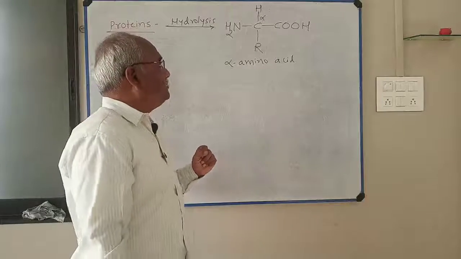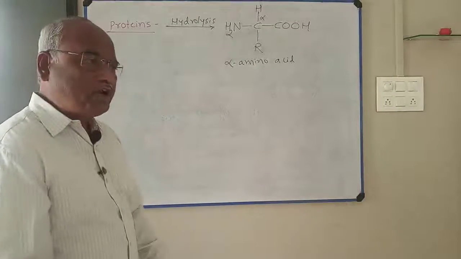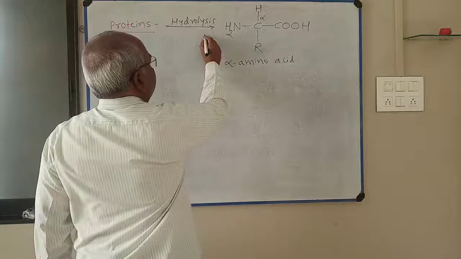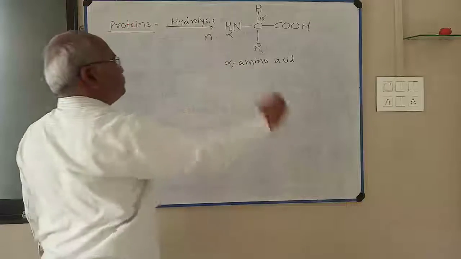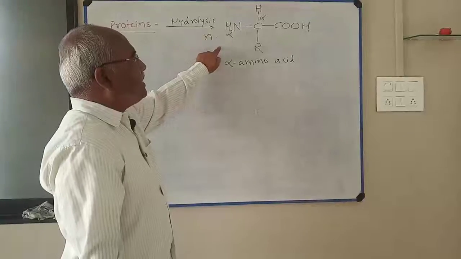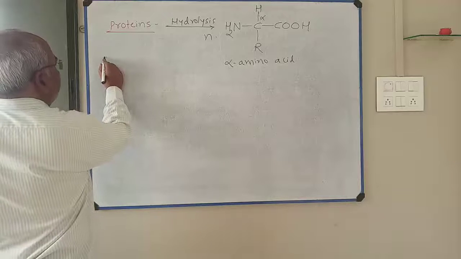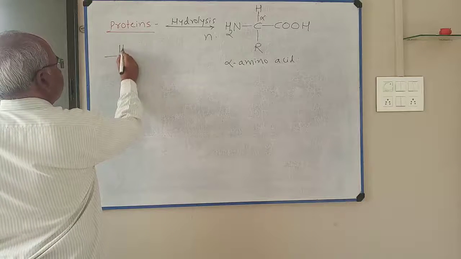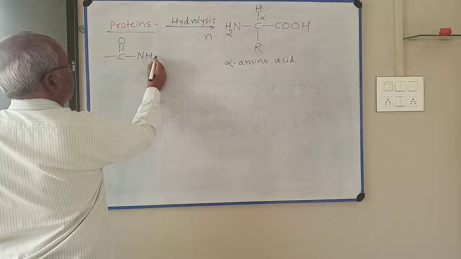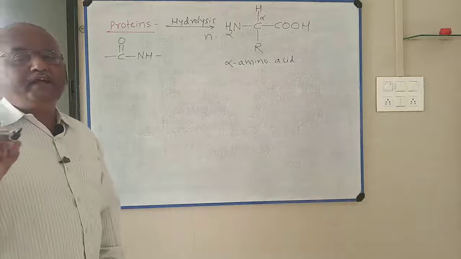So all these things we have studied in the last video. Here I represent N molecules of alpha amino acid. Proteins are polymers. They contain amide linkage, C double bond O NH linkage. This is amide linkage or peptide linkage.